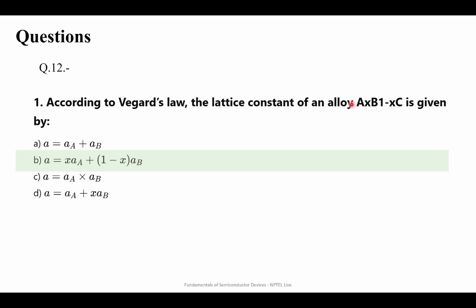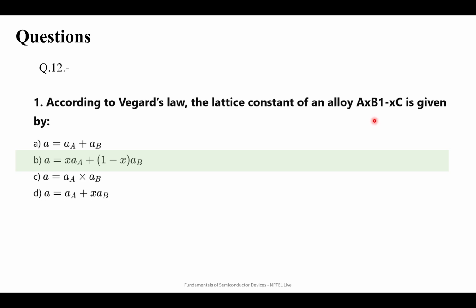The total is 1 mole, so the 1 mole is divided between atoms of A and B. If A has x moles, then B will have 1 minus x moles. That is how it comes as A_x B_(1-x) C.